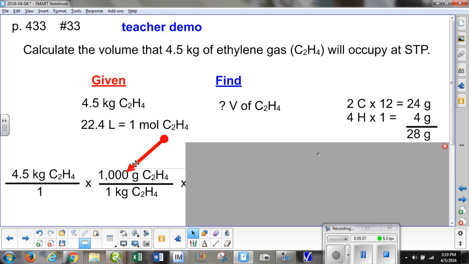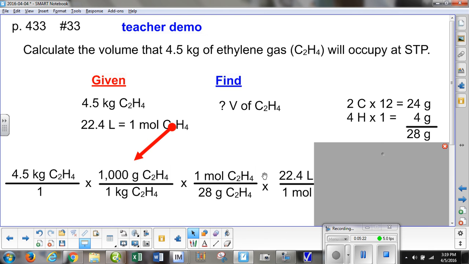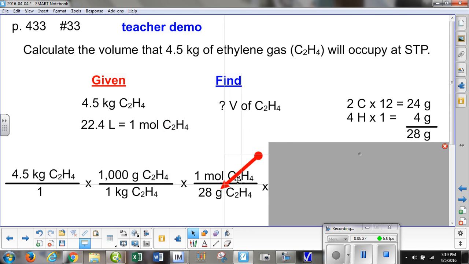If I put the 1,000 into the place where kilo is, that's what I've done up here. And next up is this little guy here: 1 mole is 28 grams that we calculated over here.